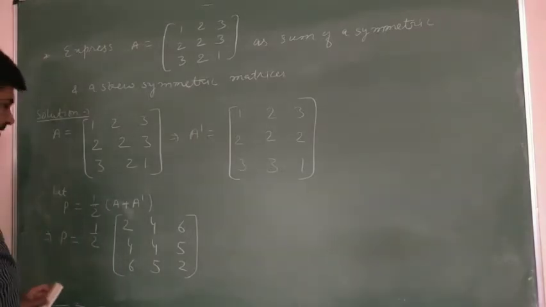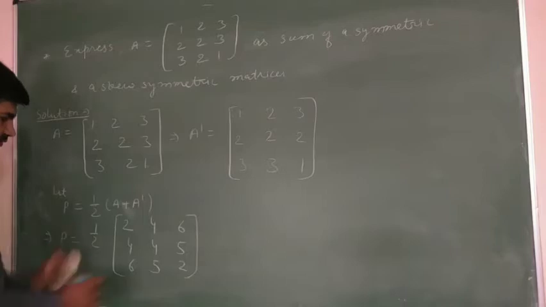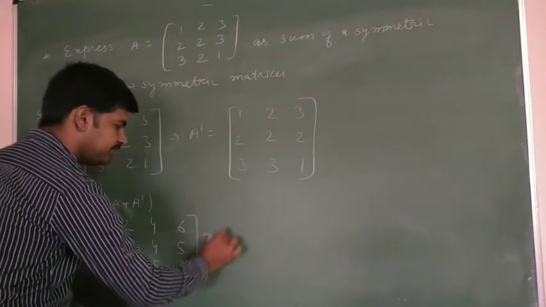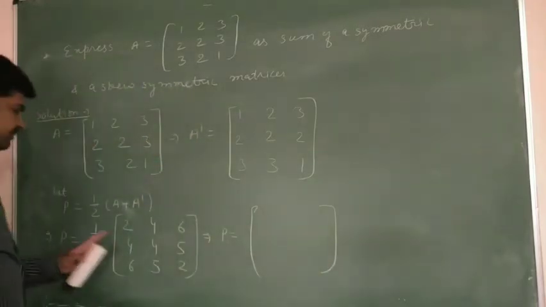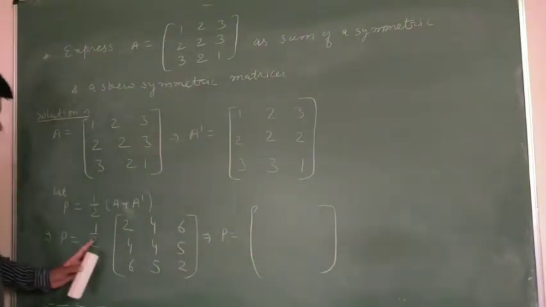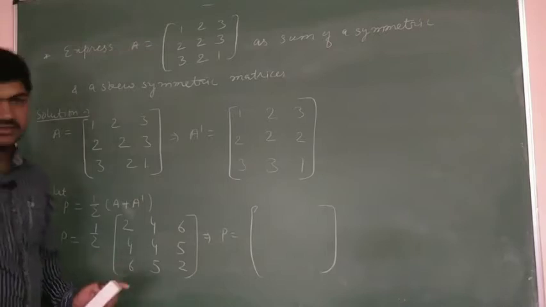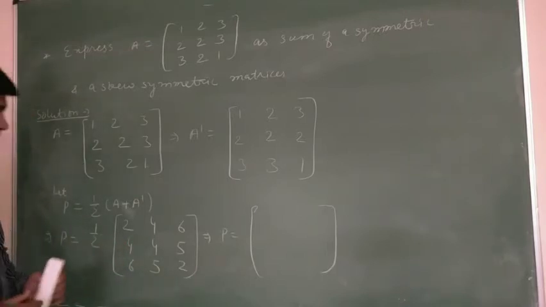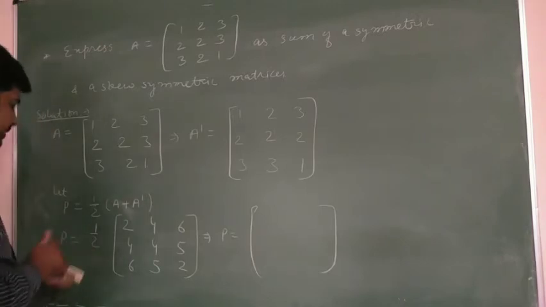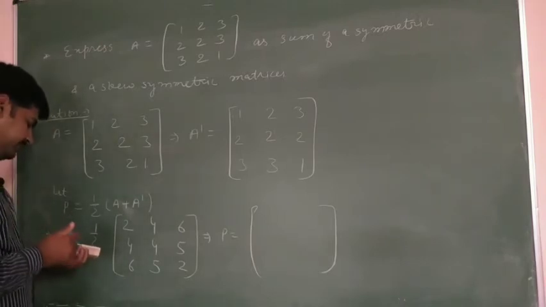So when we multiply this by half, what would we get? Implies that P is equal to a matrix. When we multiply a matrix by a scalar, then each of the elements of the matrix will be multiplied by that particular scalar. So half multiplied by 2 is equal to 1.